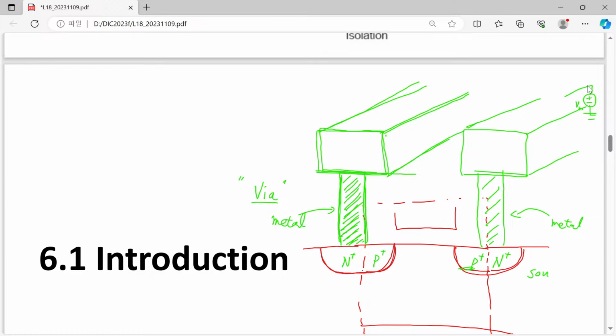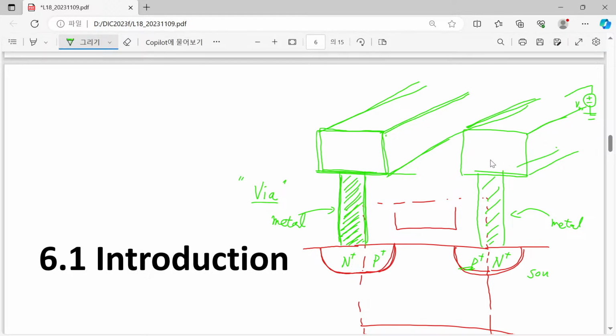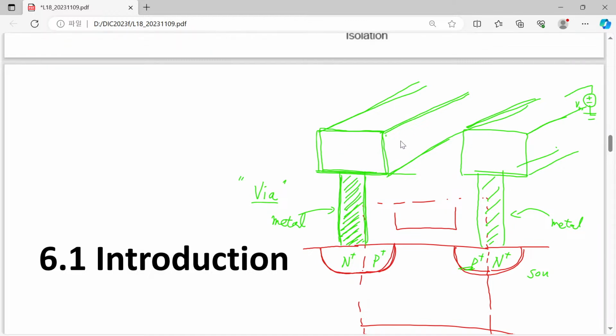So please note that ground or VDD is not that easily available in your chip. In your chip, you have only some places to provide these powers. Then that power should be distributed everywhere inside your chip, and that is done by your metal line here. Then of course, this is just one metal line, and you must route them in order to make a certain chip.